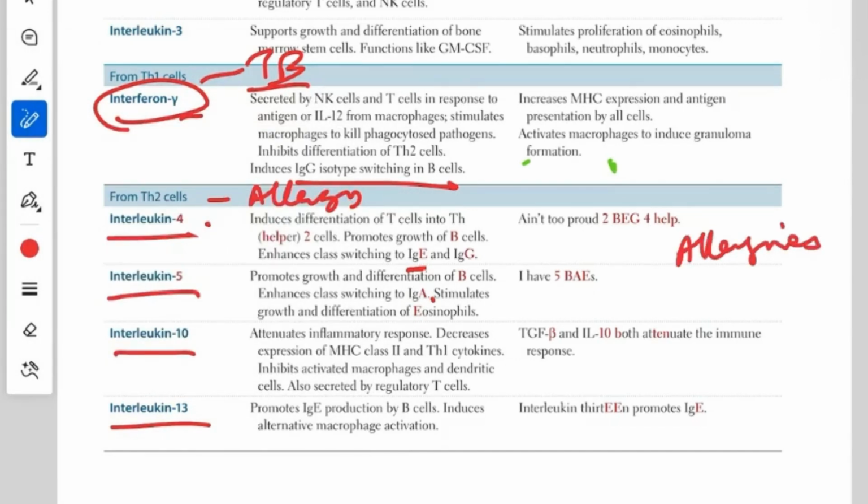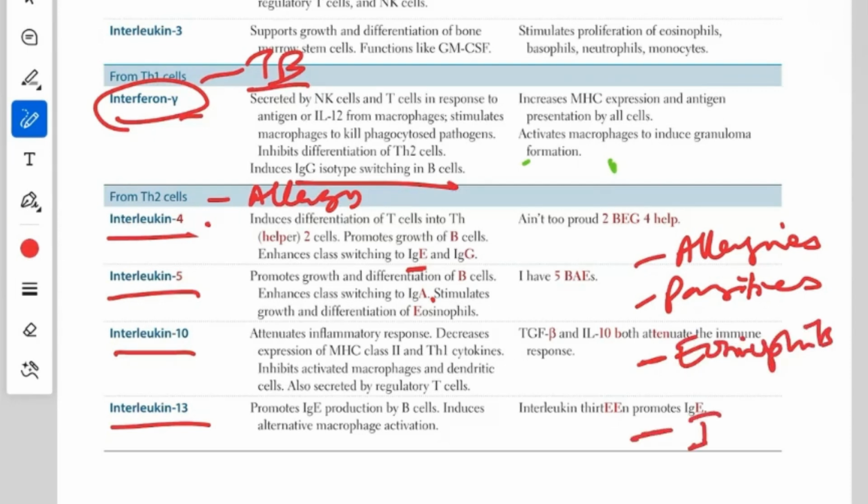Allergies, parasites, and then what's the most important white blood cell? Eosinophils. And what's the most important immunoglobulin? E. So these four things I want you to remember when you hear Th2: allergies, parasites, the white blood cell most commonly involved here, eosinophils, and immunoglobulin E.